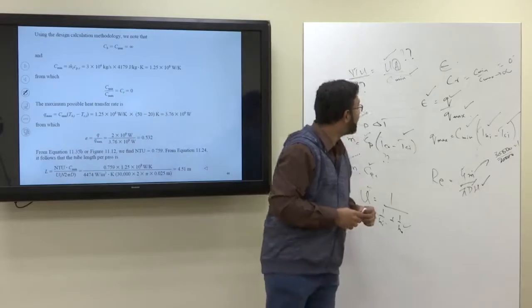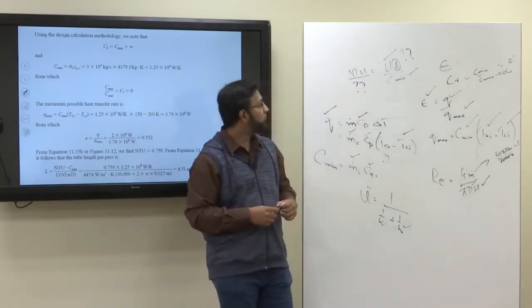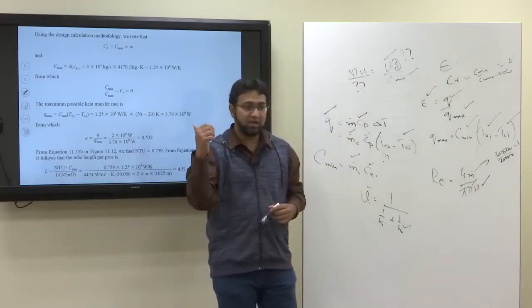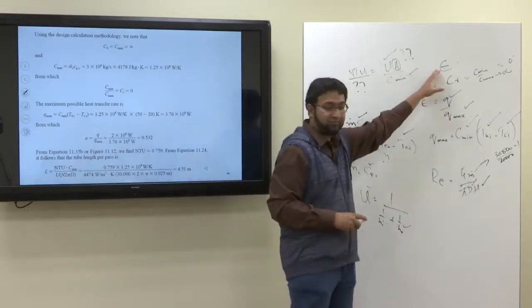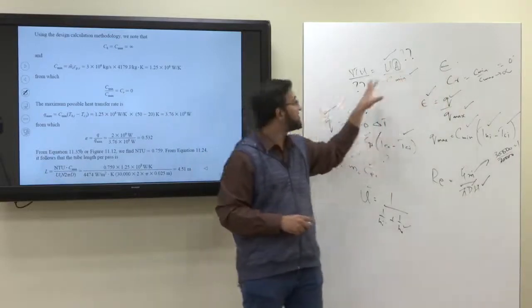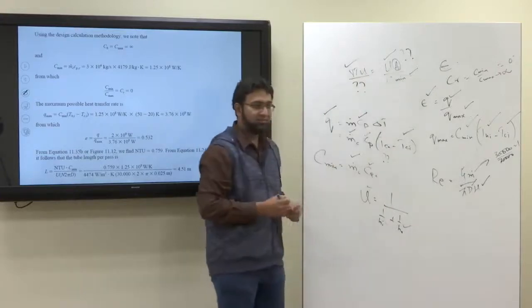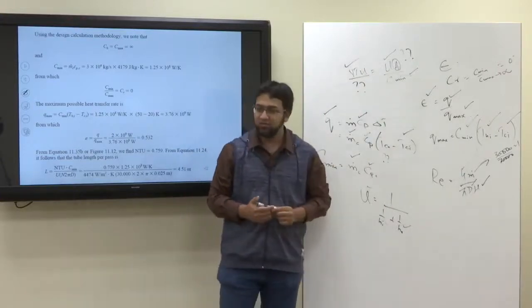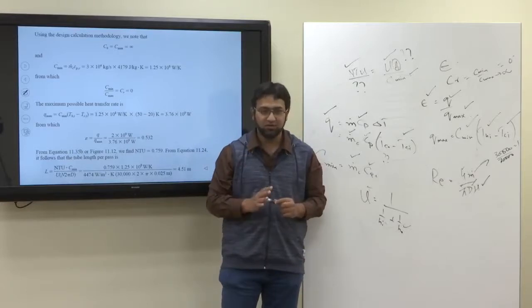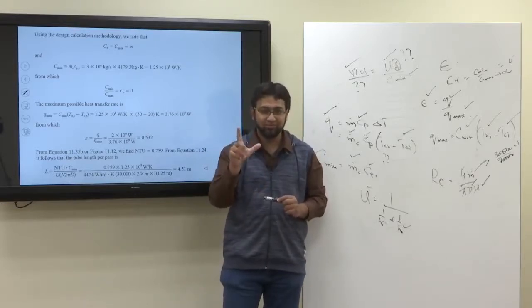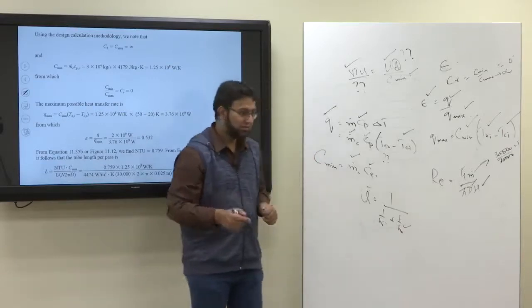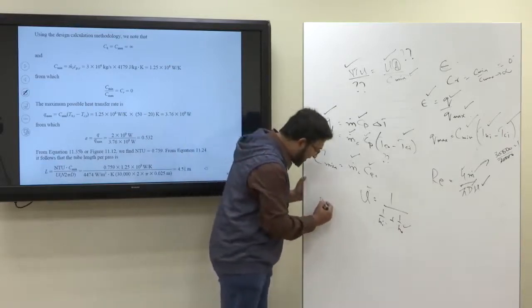So we come back here. Now, once we know CR and once we know effectiveness, we can find out what is NTU. Now, if we know NTU, we will find what is area. But still, the problem is not yet solved because we need to find the length per pass. So area is equal to what?